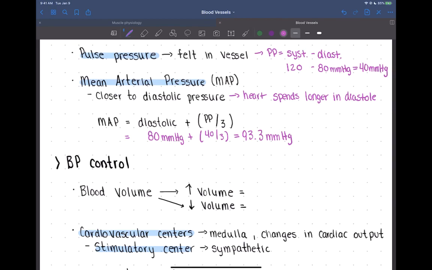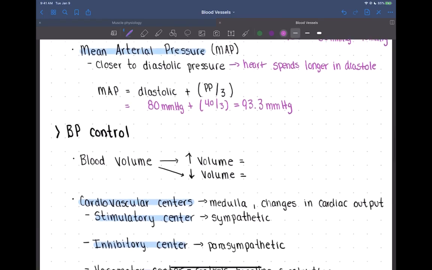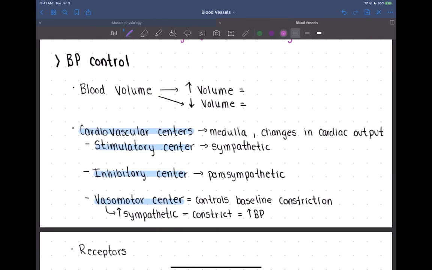Okay? All right. So let's talk about how blood pressure is controlled. Okay, so blood pressure control. So as we said, blood pressure homeostasis is very important. You don't want pressure to be too low. You don't want it to be too high either, okay? And so changes in blood volume can affect blood pressure.